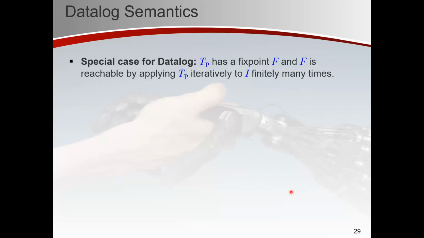The special case for Datalog is that TP has a fixed point f, and f is reachable by applying TP iteratively to I finitely many times. So in Datalog, every admissible program has this kind of fixed point, and we can reach this fixed point in finitely many steps.